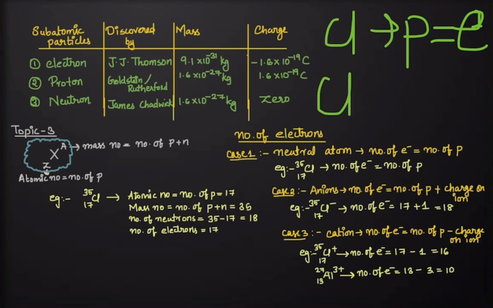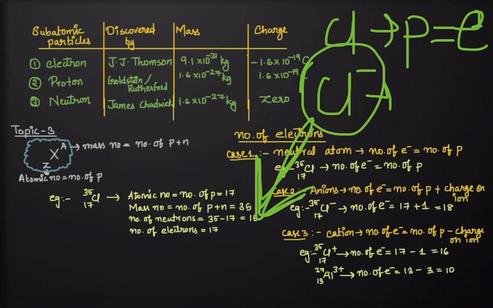If an electron is added into chlorine, it becomes chlorine minus. One electron is added, that means chlorine minus. If an addition of electron takes place into an atom, it is turned into an ion, and that ion is known as an anion.